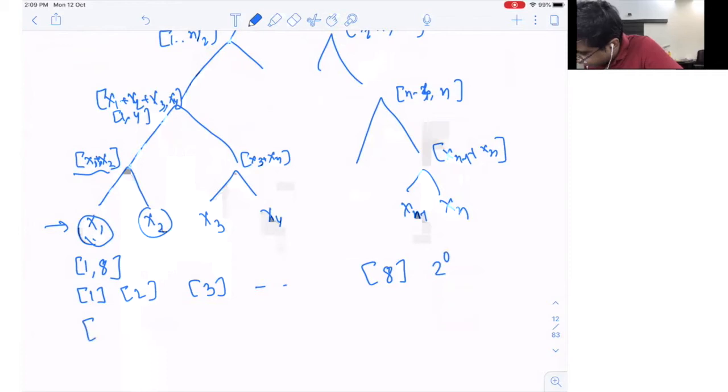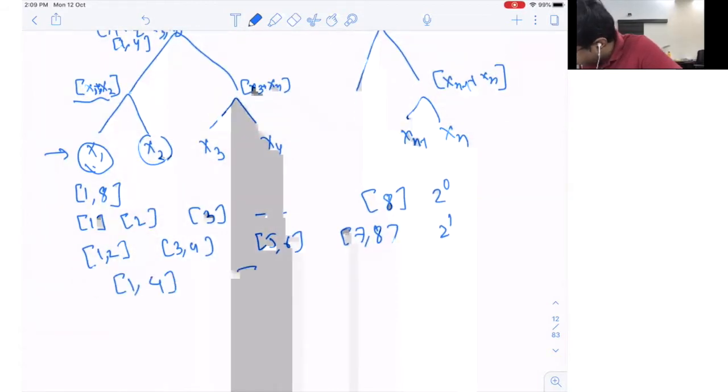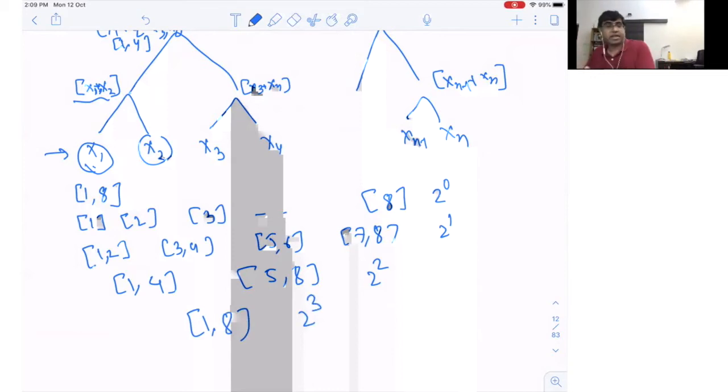Then I will merge these two, 1, 2, then 3, 4, then 5, 6, 7, 8, of length 2 power 1. Then 1 to 4, 5 to 8 of length 2 power 2. 1 to 8 of length 2 power 3. So these are the dyadic intervals. Okay, so this is my whole idea.